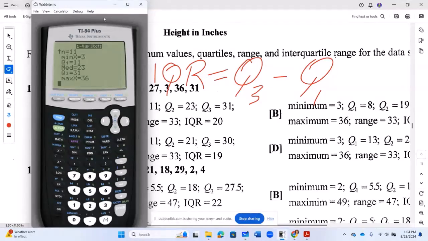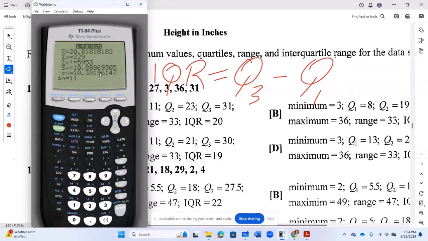Very good. So as soon as you do one variable start, you can find the mean, the median, the 5-number summary, and actually you can find the sample standard deviation and the population standard deviation, because very soon you'll be told to find them.